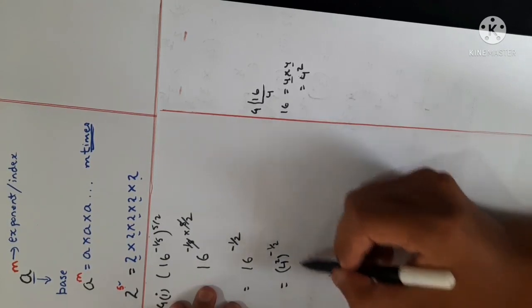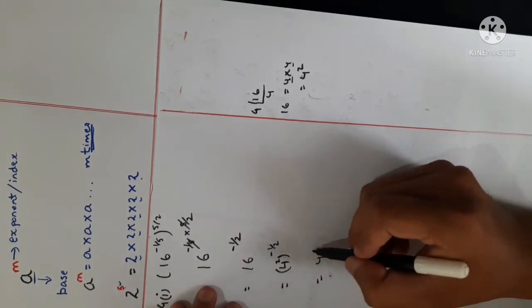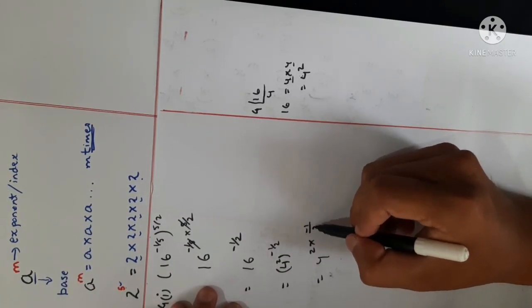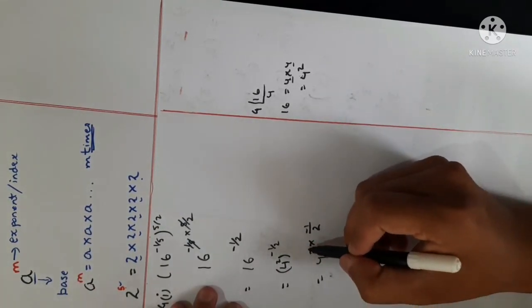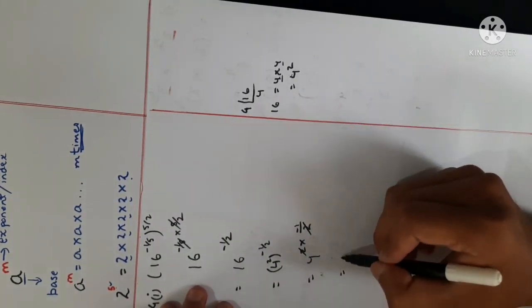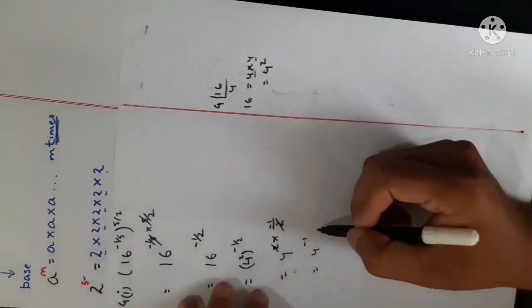So minus half, and 4, we open up the bracket. This is 2 multiply minus 1 by 2. So again, this 2 and this 2 in the denominator get cancelled, and we got 4 raised to the power minus 1.